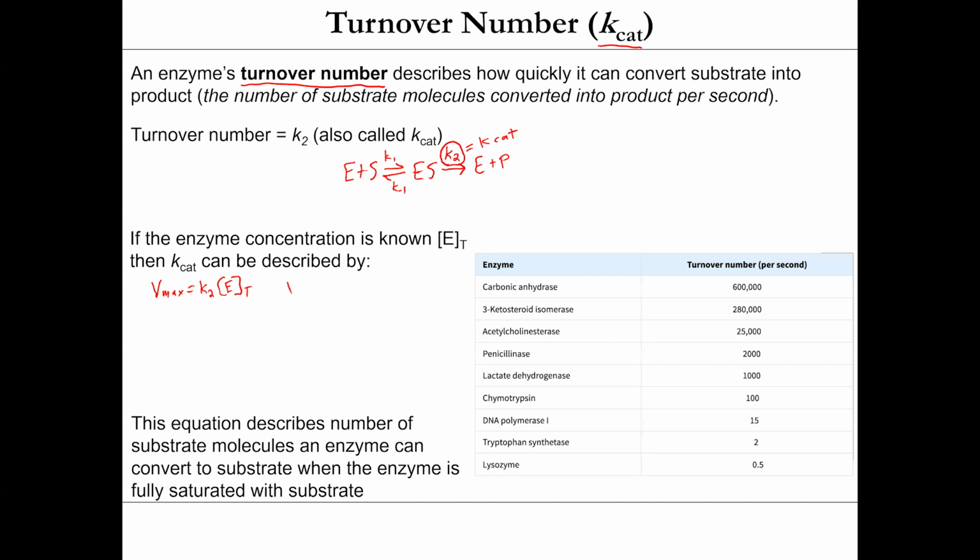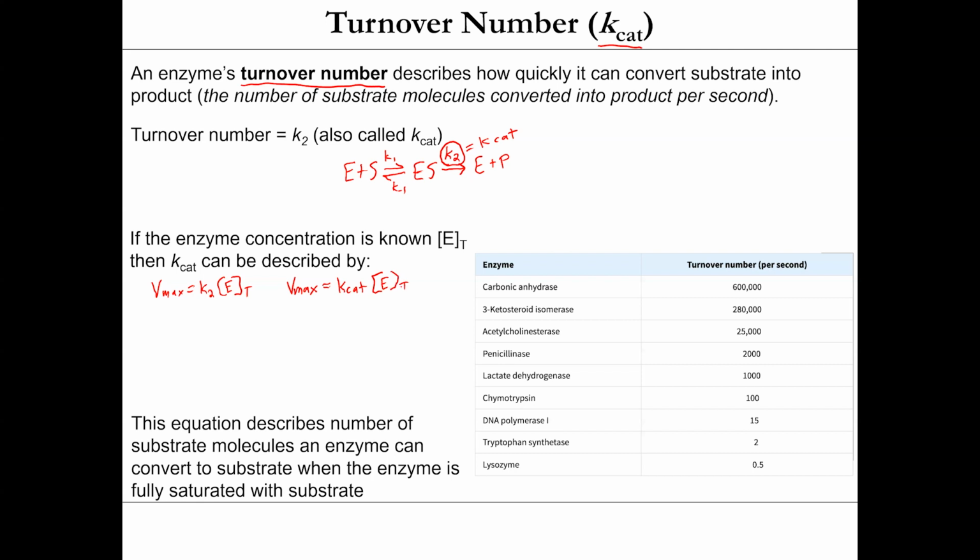Again, this makes sense. Vmax is the maximum velocity. How quickly is that total amount of enzyme going to convert the substrate into product? And so we can also write this equation as Vmax equals kcat times the total enzyme concentration.